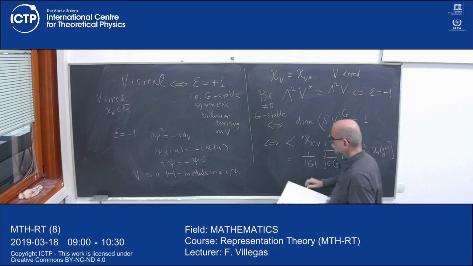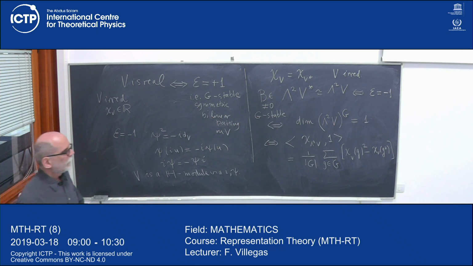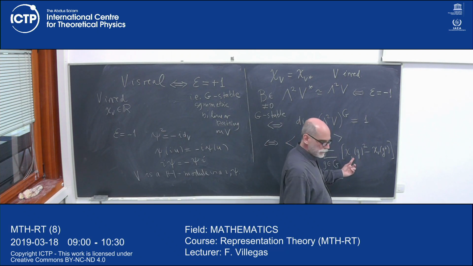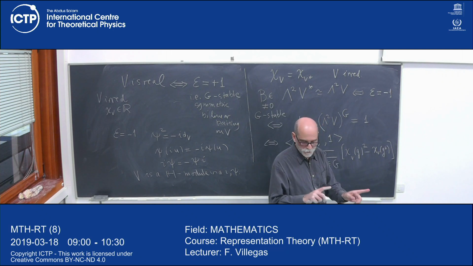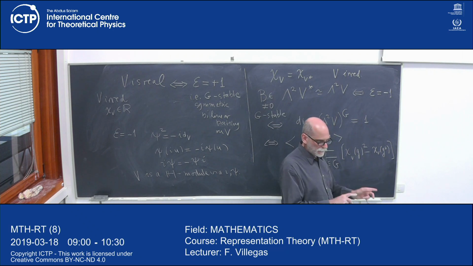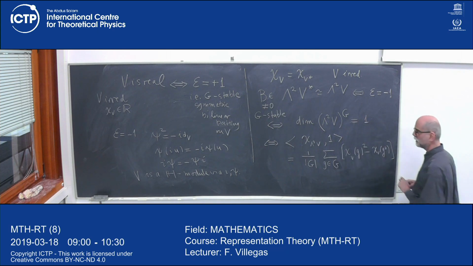Here we can see, as we were saying before, that if you want to know the character of wedge 2 of V, it's not enough to know just the character values of V. You also need to know what happens with squaring in the group. That's exactly what is going to make the difference between the quaternion and the dihedral group. The squaring map in one group is different from the squaring map in the other group. The character values don't detect that. The values are the same, but the way the squaring works is different.